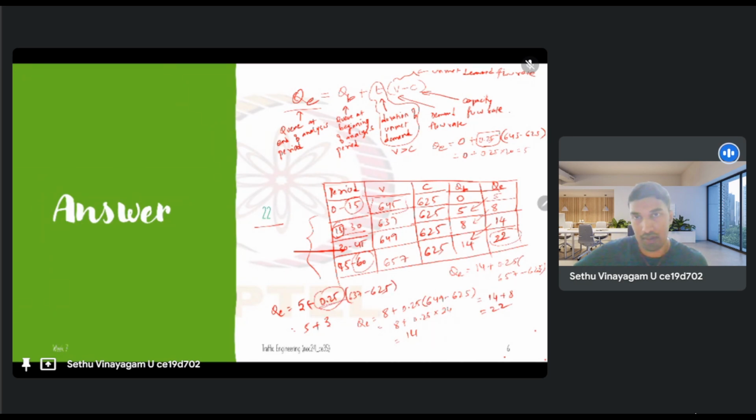So our T will be 10 minutes, multiplied by 645 minus 625, only for those 10 minutes instead of the whole 15 minutes. That's what we need to be careful about. But in this problem, for the whole period, our V was greater than C. So our analysis period, which we usually represent using T, was equal to the period of unmet demand. That's why it was 0.25.